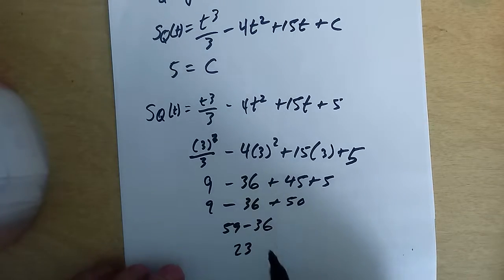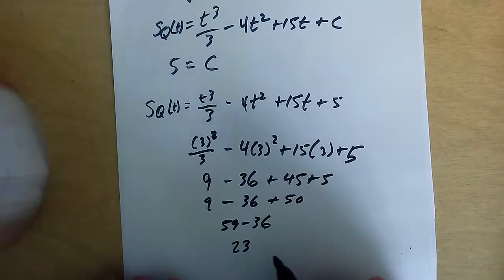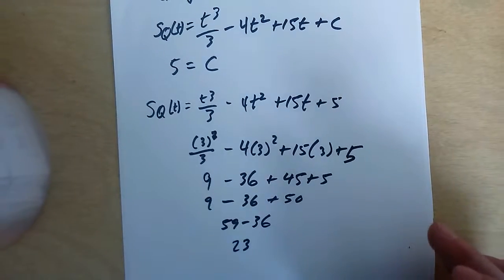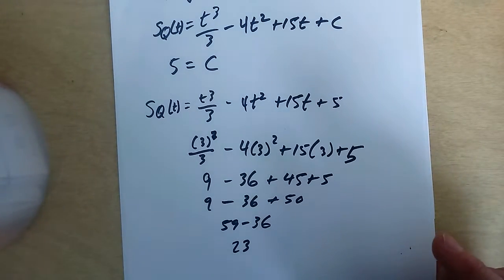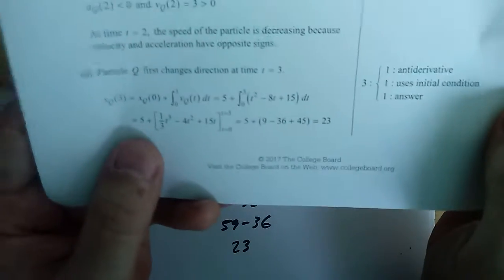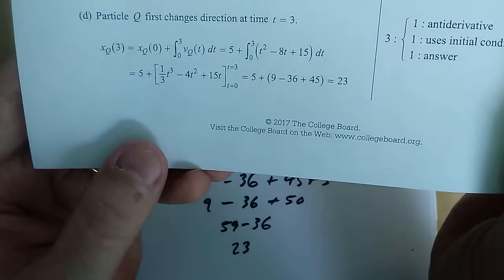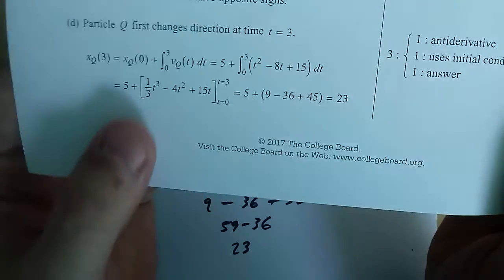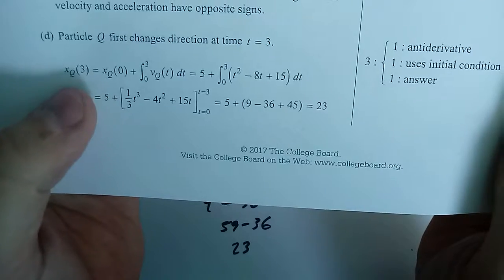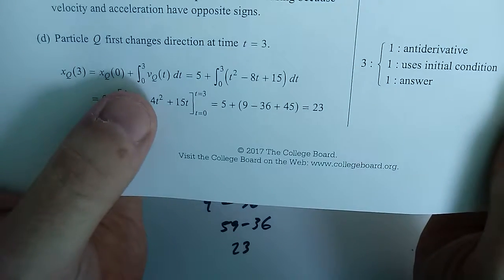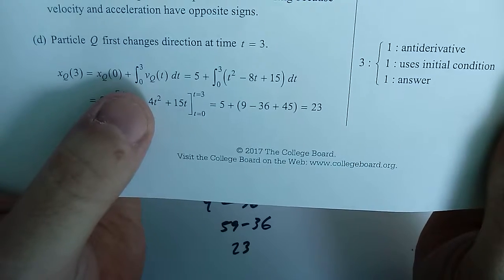All right. This is a different way than they did it. This is the way that I chose to do it. The way that they did it was they still used the same time t equals 3, but they said that the position at 3 is equal to the position at 0 plus whatever the integral from 0 to 3 is.